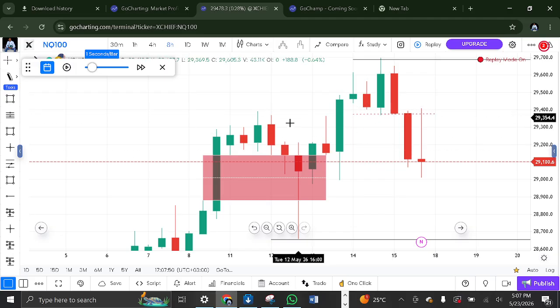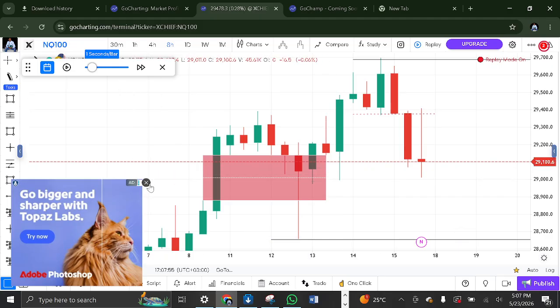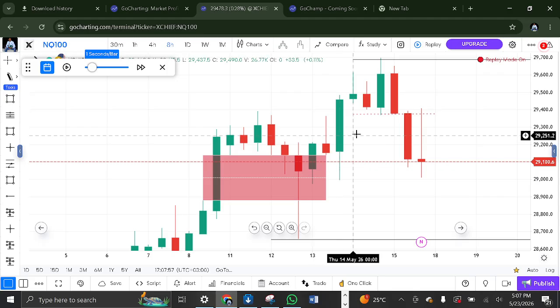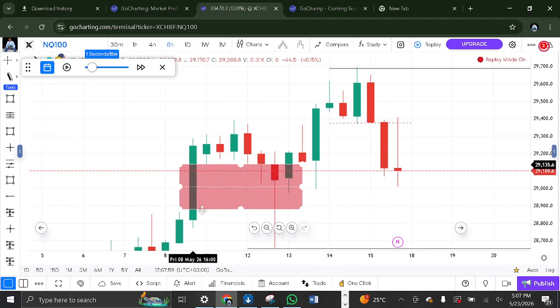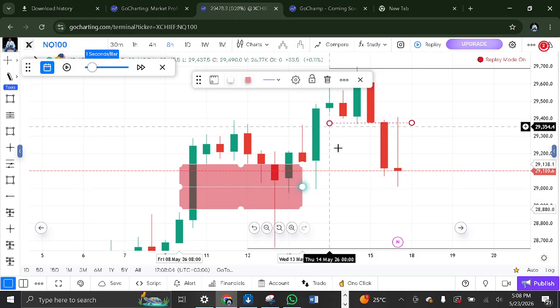Whenever we're talking about displacement, it is some heavy movement with a fair value gap being formed. And what we can see here, the market rallied higher. We formed this displacement, meaning this fair value gap did its job by displacing above this high with a fair value gap.